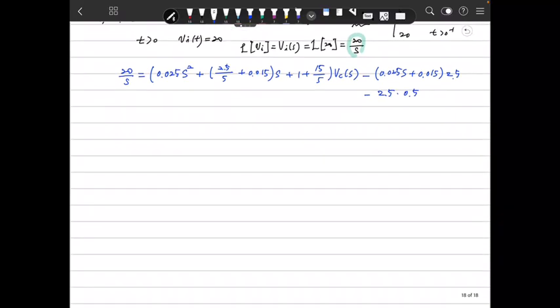So we can rewrite this equation: 20 over s, was 1 over 40 s squared plus 26s plus 160 VCS minus 1 over 40 s plus 6, 2.5 minus 1.25.